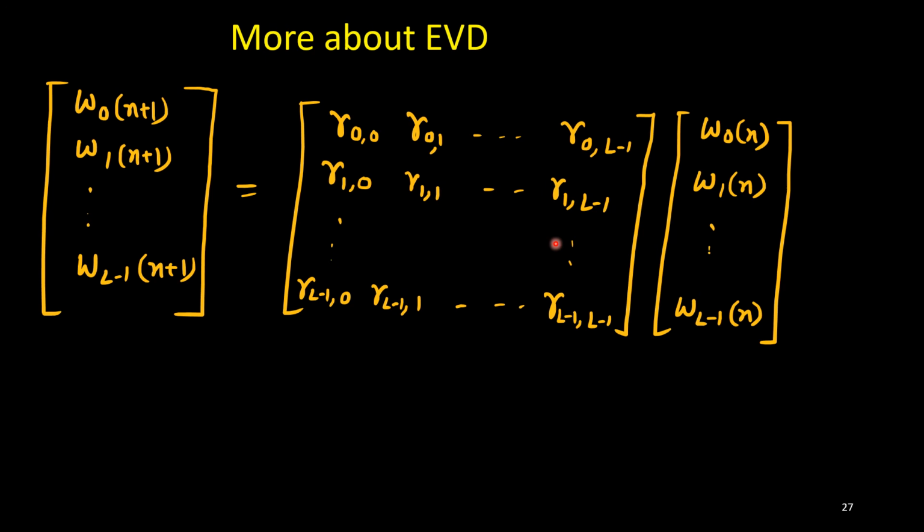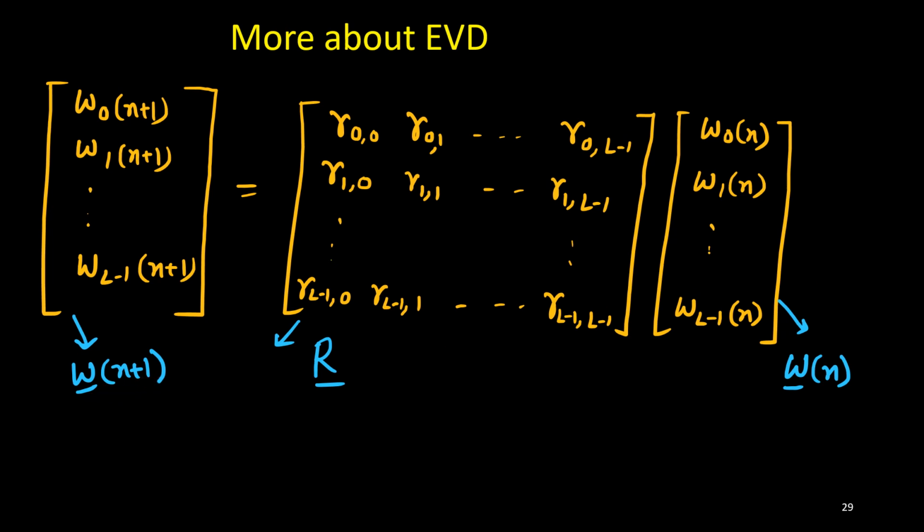Right? So this is in matrix form. We can rewrite. If I call this one column vector the Wn vector, and this our matrix capital R, then this one I can call the Wn plus 1 vector.